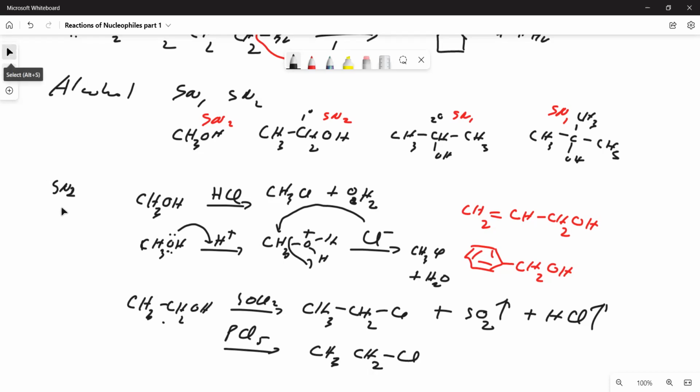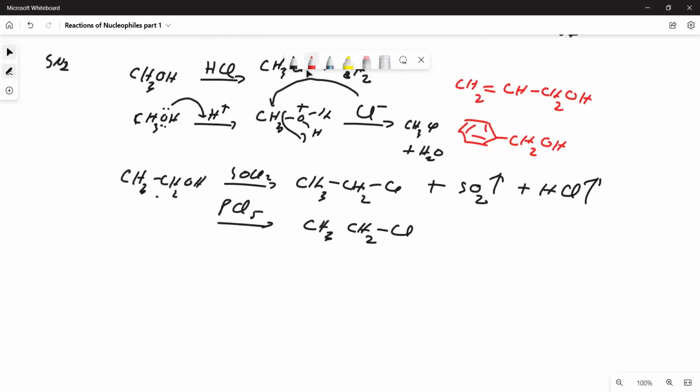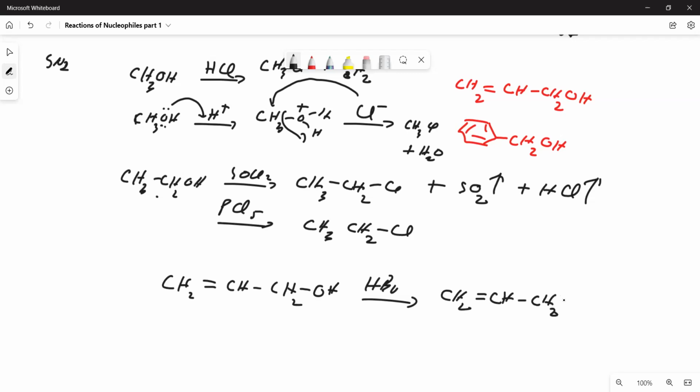Now, how about allyl alcohol and benzyl alcohol? Will they undergo SN2 or SN1? They're primary. But if you add hydrogen halide here to form allyl bromide, the assumed mechanism here would be SN1. Why SN1? Because if the OH is removed by the H, is the carbonium ion stable? Yes.